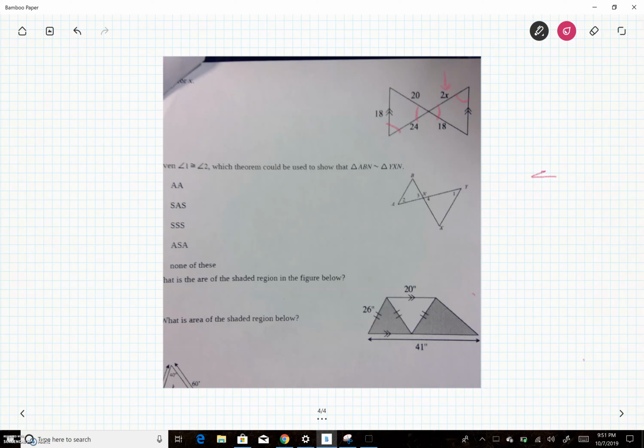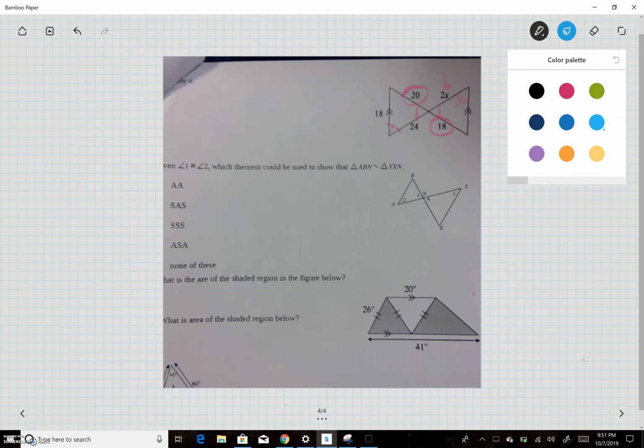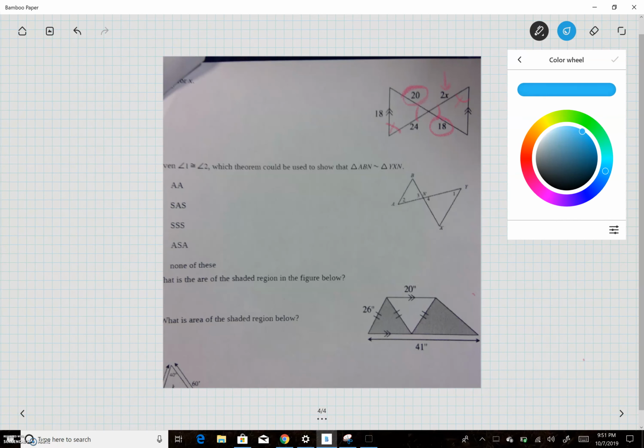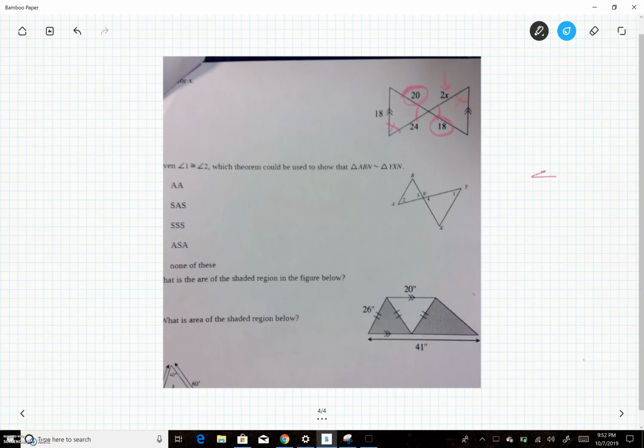So they are similar. So I know that 18 times some number should give me 20. And the reason that I know this, you guys, is because you've got to look at what angles they have in common, right? Let's do these all in different colors. Oh, that's so pretty.